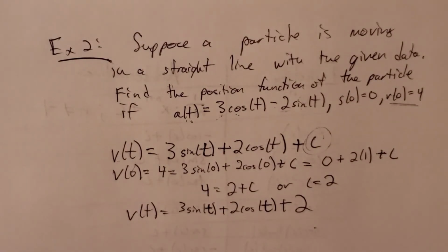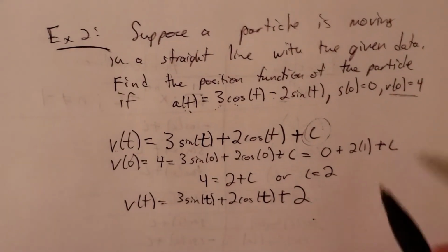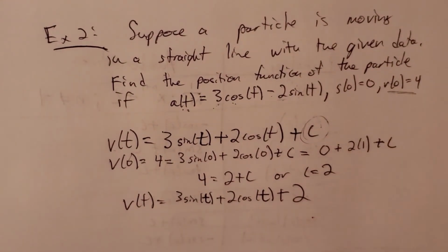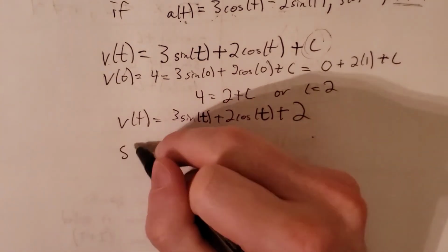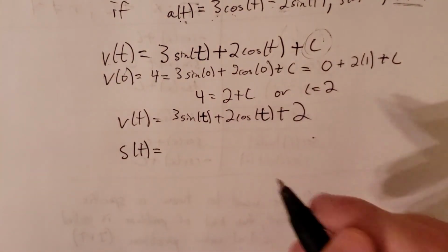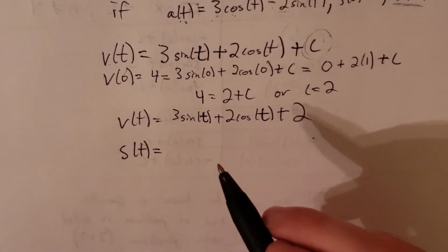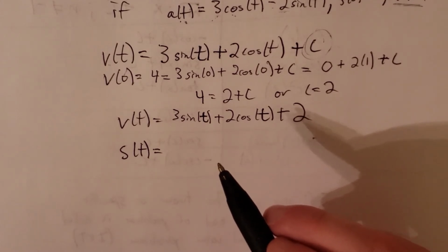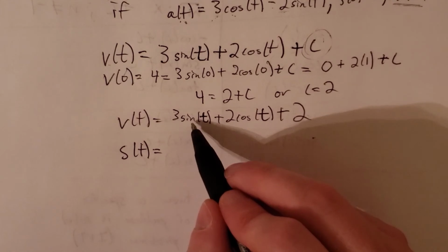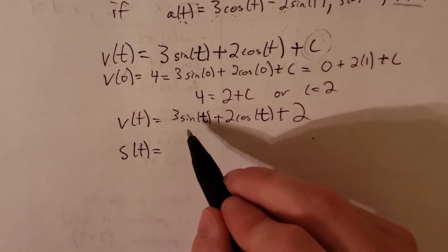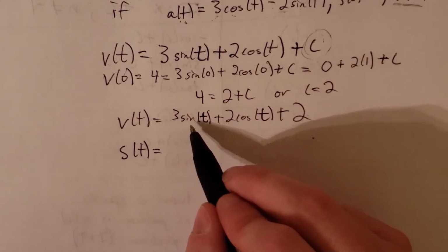All right. Well, the derivative of a position function is a velocity function. So if we antiderive this velocity function, we get a position function. So let's go ahead and do that now. So the general antiderivative here, s of t, is, all right, the derivative of cosine is negative sine. So the derivative of negative cosine is positive sine.